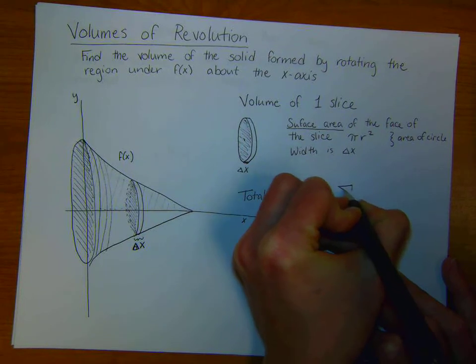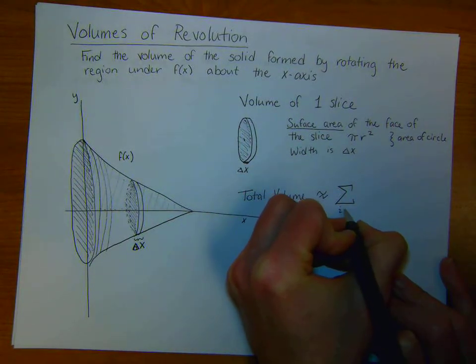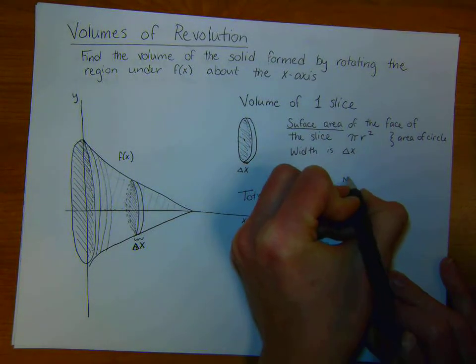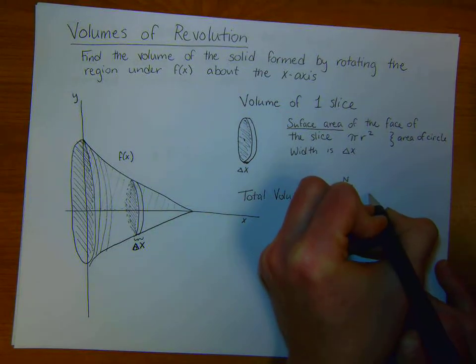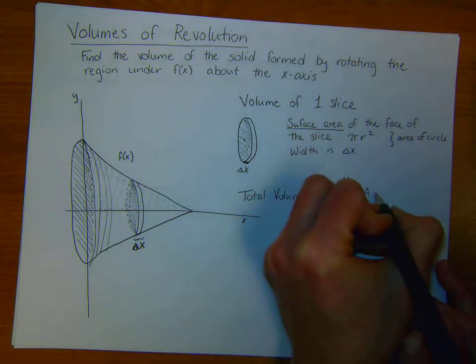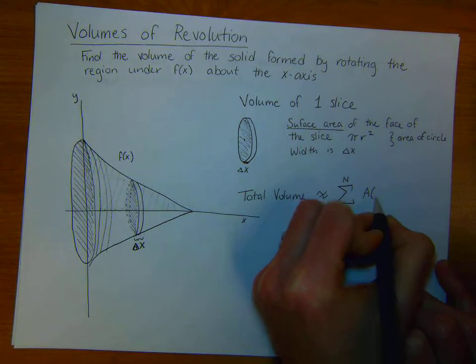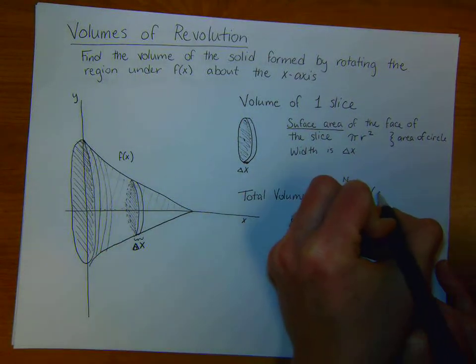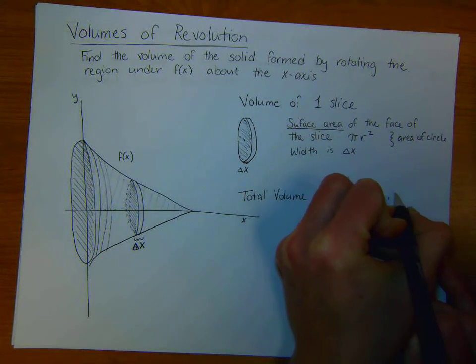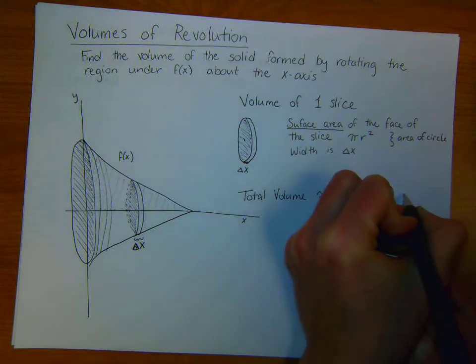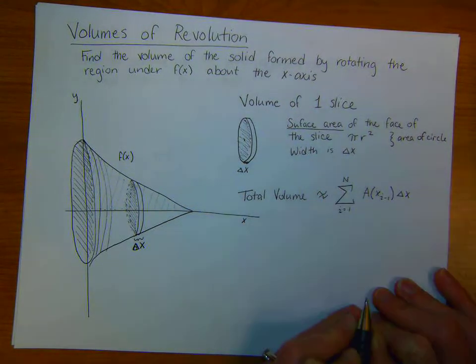So my approximation of the total volume is going to be the sum of all of these slices. The sum as i goes from 1 to n of the area of each slice, and maybe I should notate that with i minus 1, times the width of each slice.